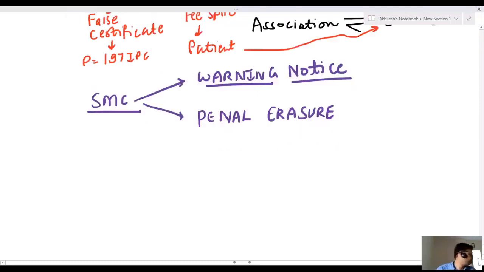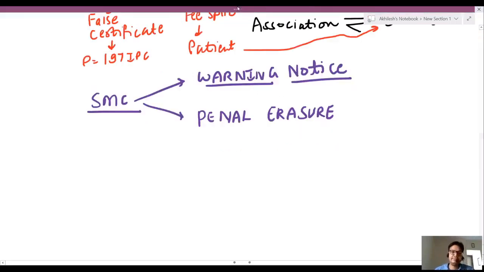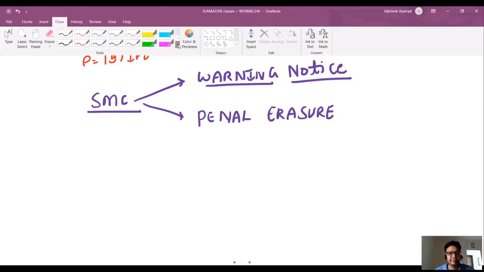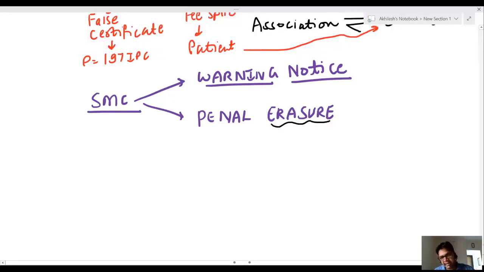This is known as penal erasure. What is penal erasure? Penal erasure is erasure of the name of a doctor from the medical register.